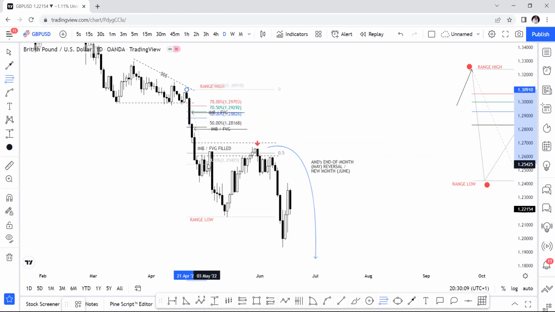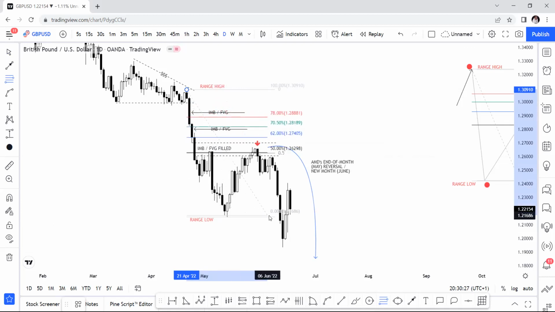You can't trade this first one because it's not yet above 50, except you use your lower time frame to get another, maybe a mini range within this higher level range.